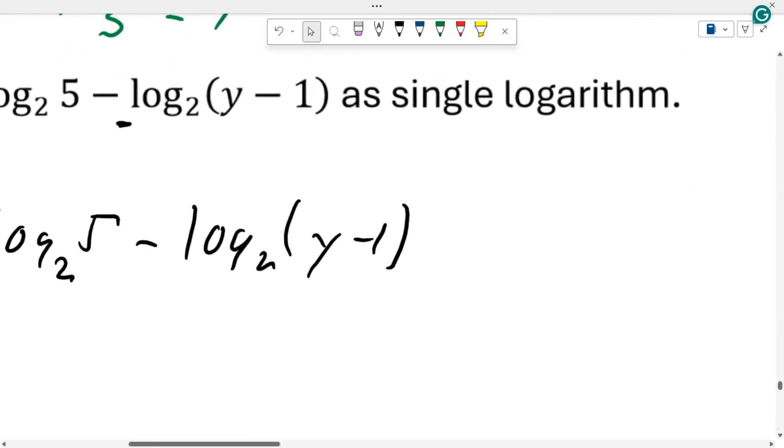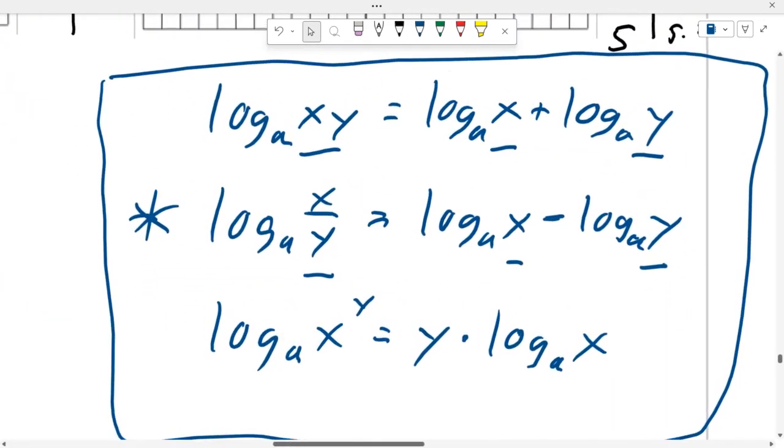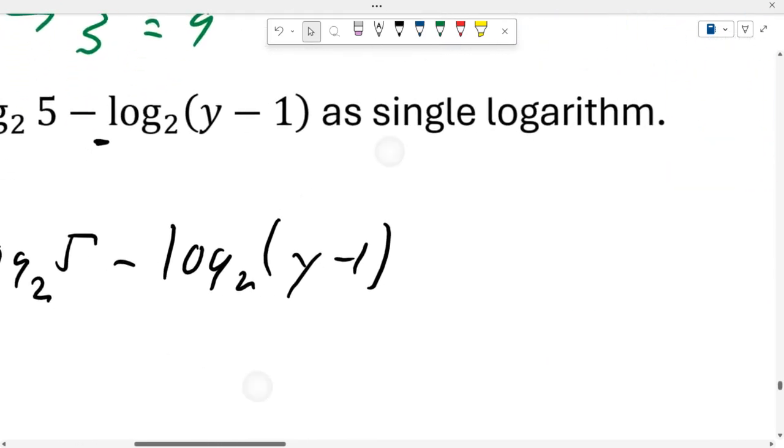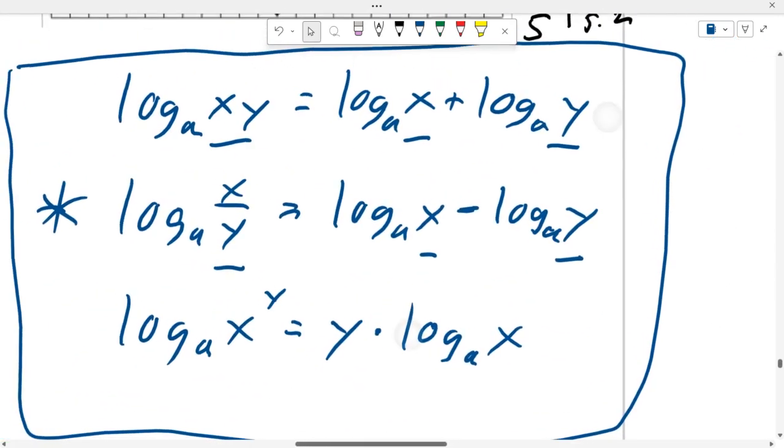They see the log of, and then they see a difference, and they think that that can be broken up somehow because we broke up a product, we broke up a quotient. But if the logarithm itself is a difference, which is what this is, it's y minus 1, well, that's not what we have over here. The time that we have a single logarithm, that's the quotient. But then the only time we have a difference is right here.